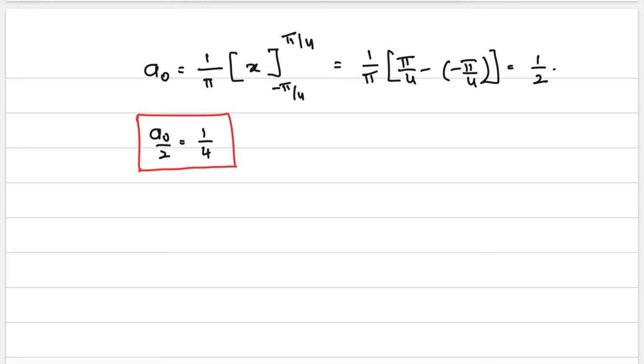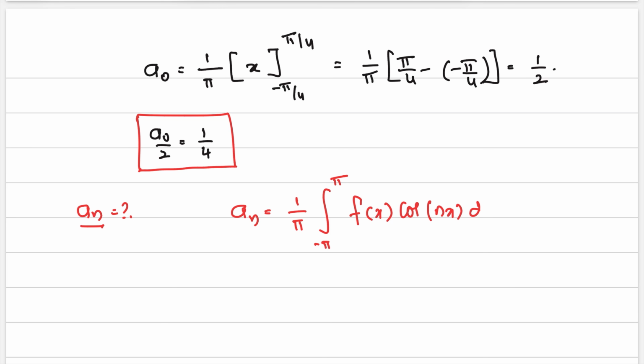Now, my next step is to find out an. What is an? From the definition, an is equal to 1 by pi into the integral from minus pi to plus pi of function x cos nx dx.